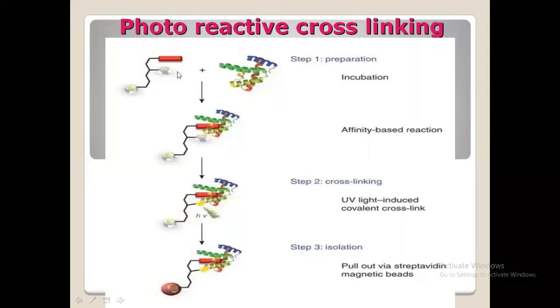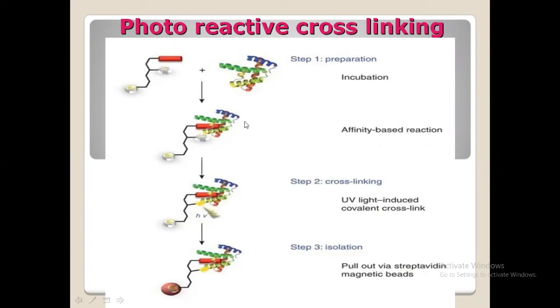Here you are taking an incubation period. Take the protein. This is the protein. Step 1, preparation for the reaction, and this is the bait protein. So incubation is done. Both the bait protein and your protein of interest will interact, and you will get a complex. So an affinity based reaction happens.